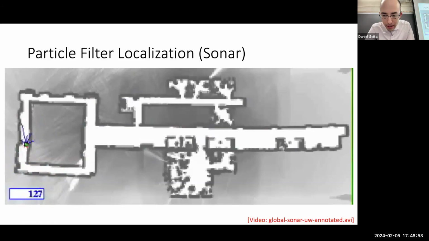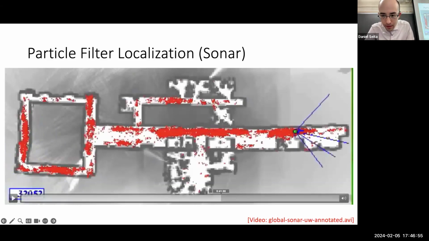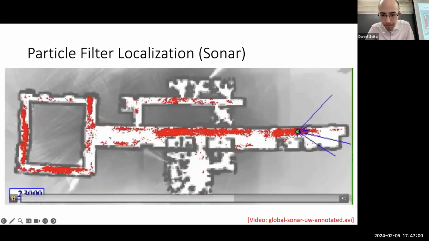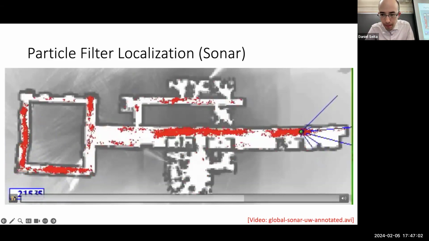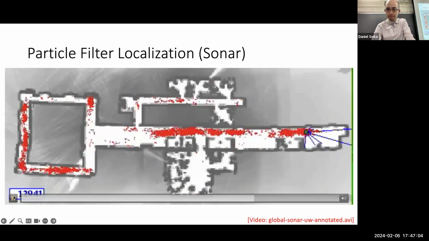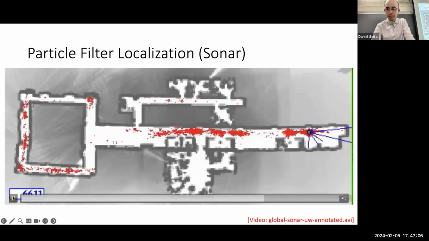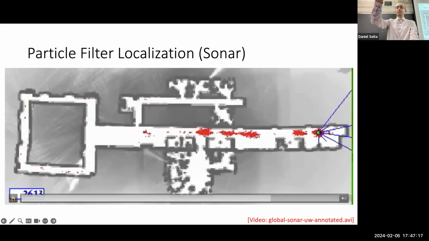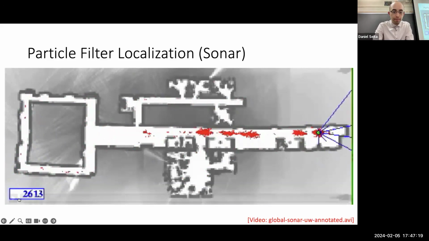I'll play it back one more time. And what happened here, there's only a handful of modes left, and then the robot had moved a little bit more.